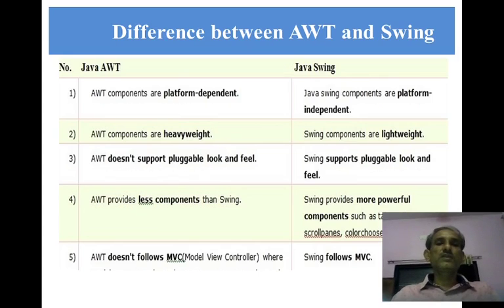Just a few minutes ago I told you that AWT is platform dependent because its look differs when we change from platform to platform. It means if you develop a program in Windows and run it on the Linux operating system, the look of AWT components differs between Windows and Linux.